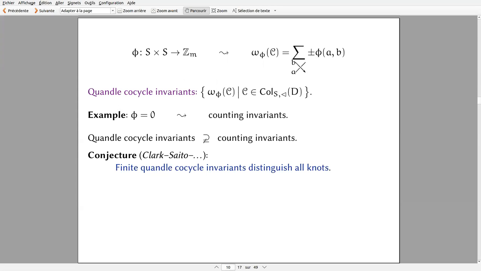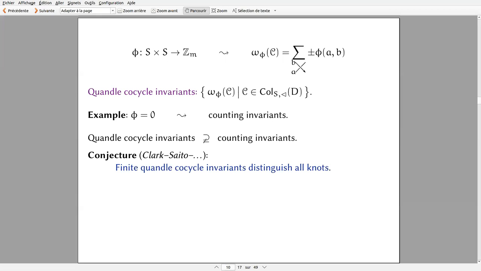But these invariants are actually stronger than the counting invariants, for example, since they can distinguish the 2 trefoil knots. And there were quite a lot of actual computations on it, which led some people to conjecture that if you consider all finite quandle cocycle invariants, you will be able to distinguish all knots.